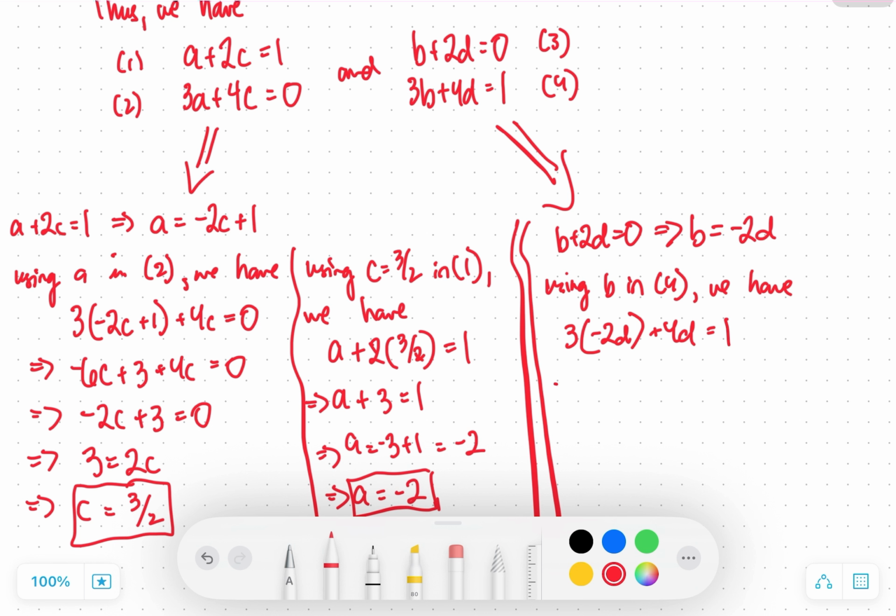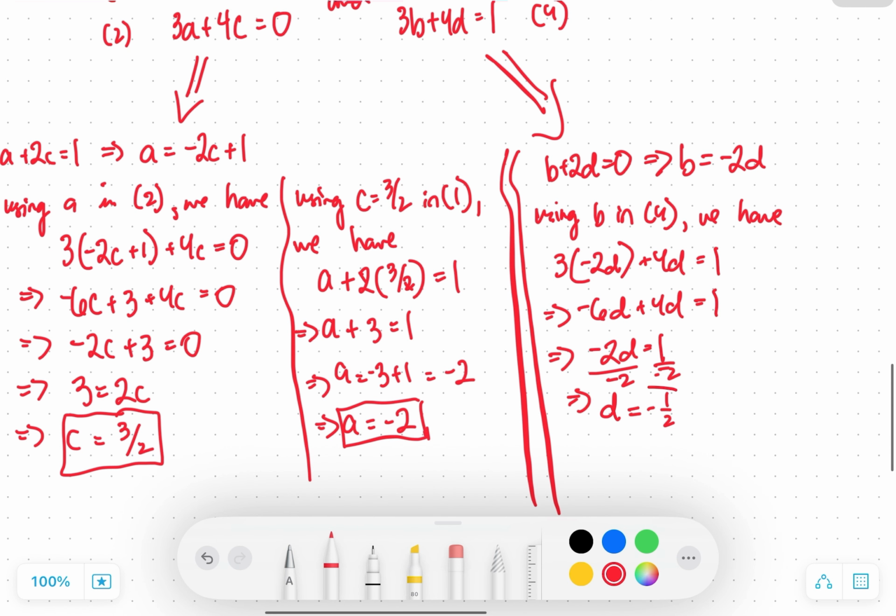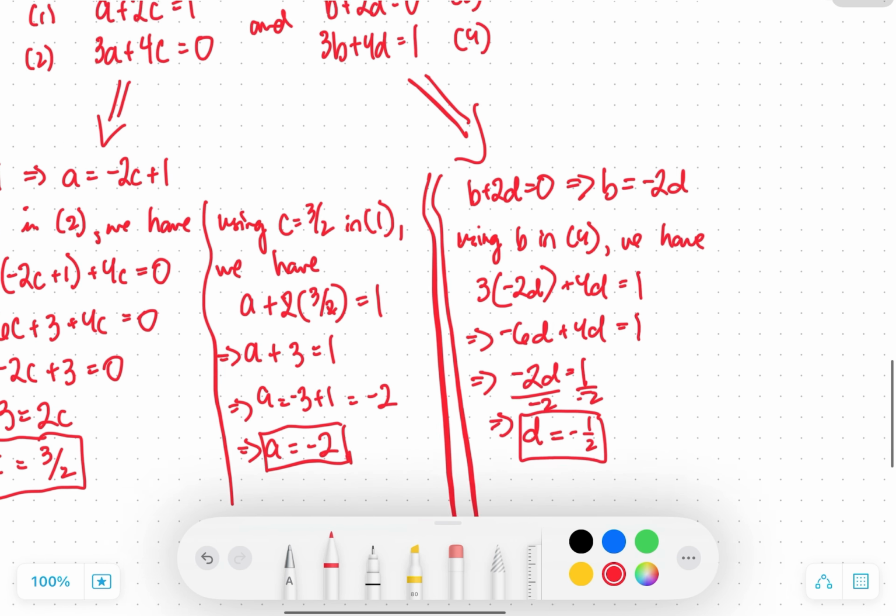Therefore we have negative 6d plus 4d equals 1. Simplifying, we have negative 2d equals 1. Dividing both sides by negative 2, d is equal to negative 1/2. That's the value for d.